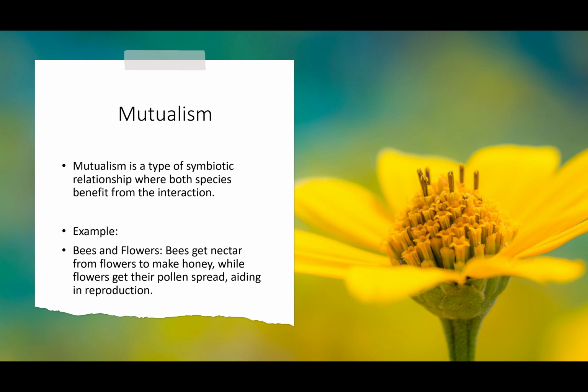For example, bees and flowers, right? So bees get nectar from the flowers to make honey, while flowers get pollination, so pollen spread aiding in reproduction, right? What are other mutualistic relationships that you guys can think of? We looked at one in the nitrogen cycle.